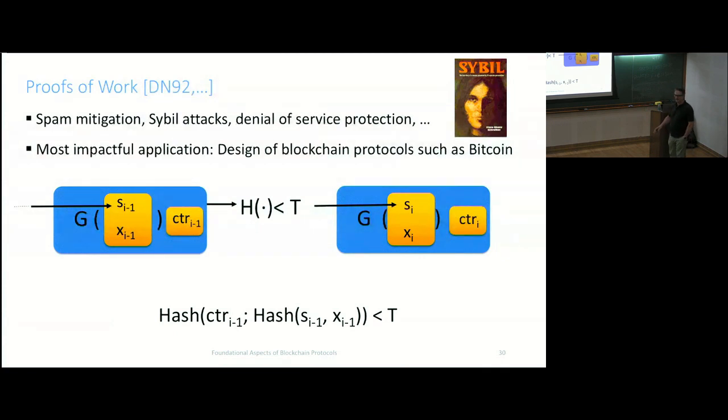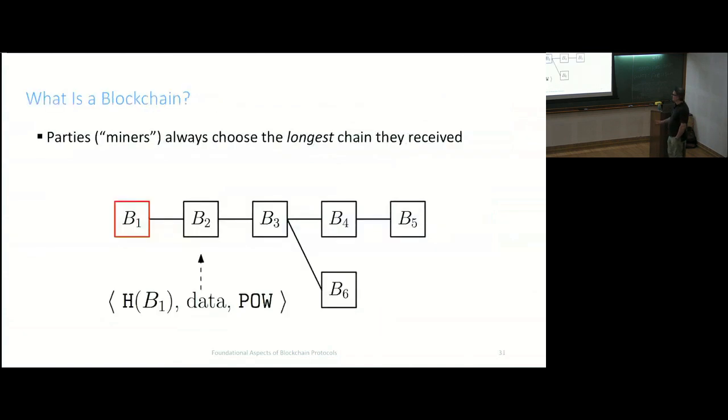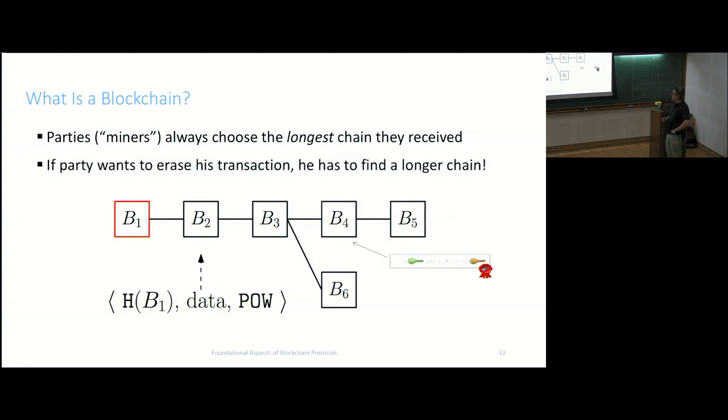So that's the basic notion of blockchain, and we'll be more specific later. In this context, miners might have their own version of the blockchain. And when they get a new blockchain, somebody sends stuff, they choose the longest one they receive.